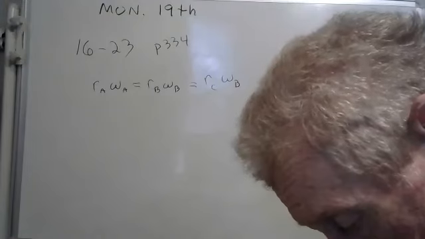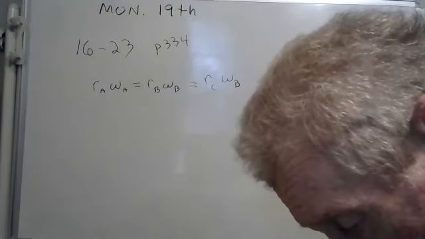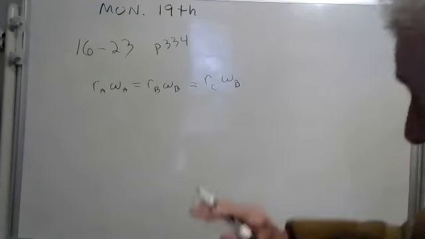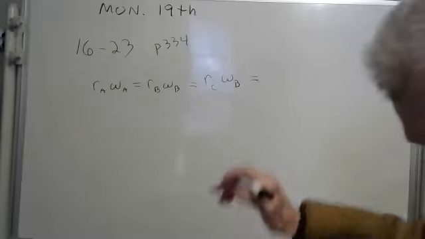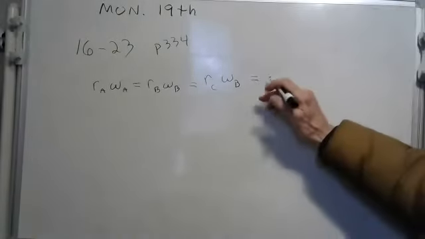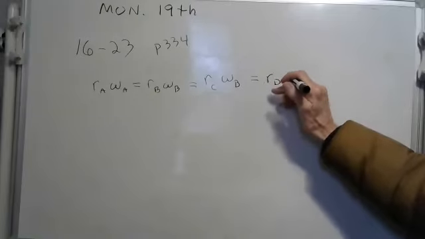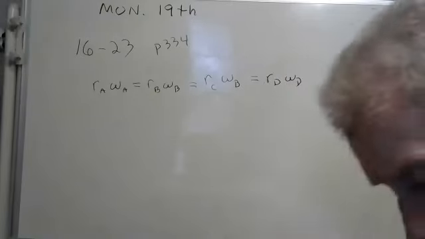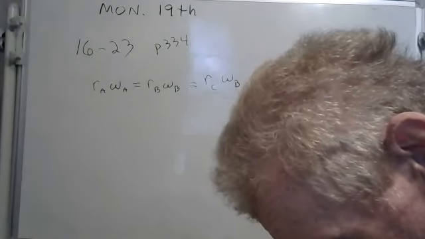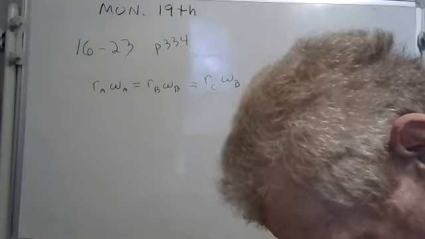If you stare at that diagram, it's connected. And then finally, R_D omega_D. Now, what did they want us to find in this? Determine the angular acceleration and angular velocity of gear D. Okay.